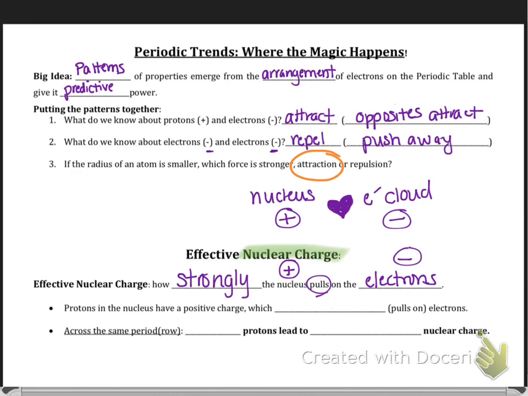The protons in a nucleus have a positive charge, which attracts the negatively charged electrons. So here is the love story. The more protons there are, you can think of this as the more love that they have, it leads to a stronger nuclear charge. And this is the pull.